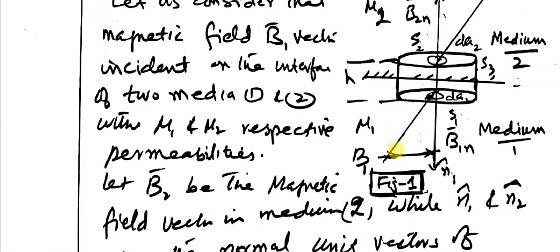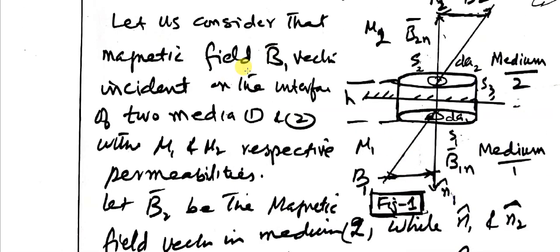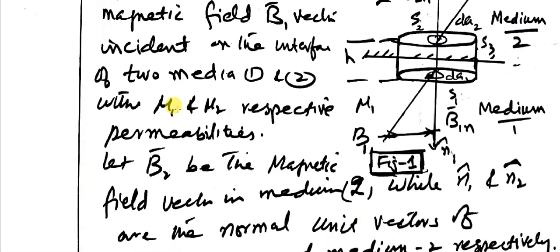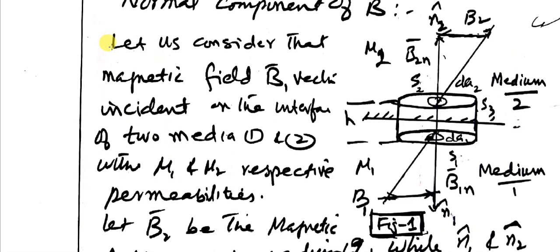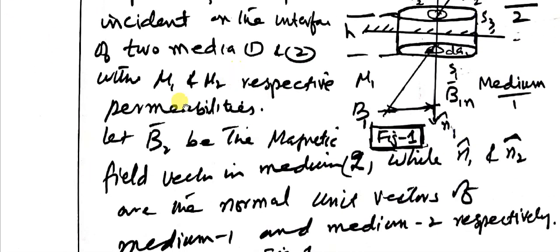We have given the same description in this note: we consider that the magnetic field vector B1 is incident on the interface of the two media 1 and 2, with the respective permeabilities mu1 and mu2.